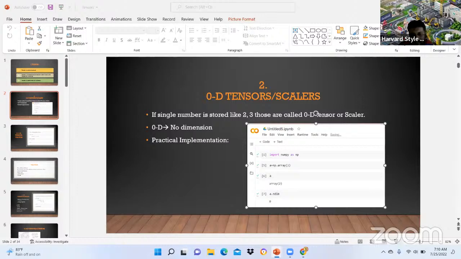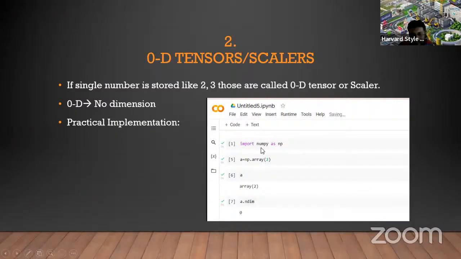Here, guys, you can say: import numpy as np. First of all, you have to import the library. Then store it in a variable: a equals np.array, as an array you can store. Then after that, you have to check the dimension value, the number of dimensions. Now here, since it is a scalar, this is a 2, it is a scalar.